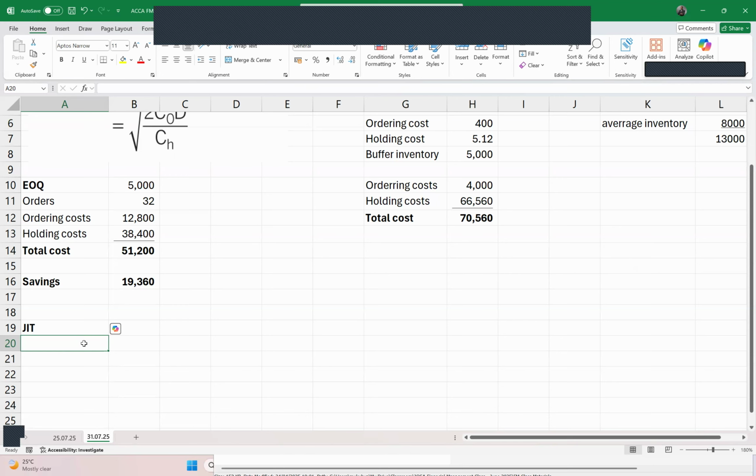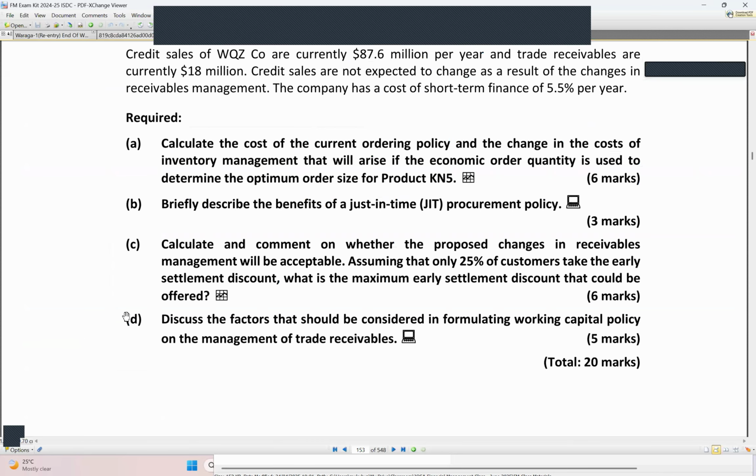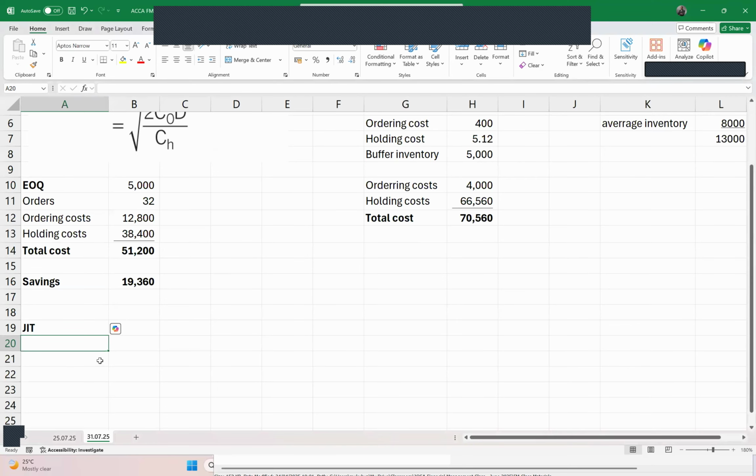Now, here they have asked us a question to do with the benefits of just-in-time. So the first benefit you can say is that inventory holding costs will be reduced. Because, as I've just explained, you don't have to hold so much inventory. You only hold just enough to satisfy orders when clients come for the day or for the month, depending on how you look at it.